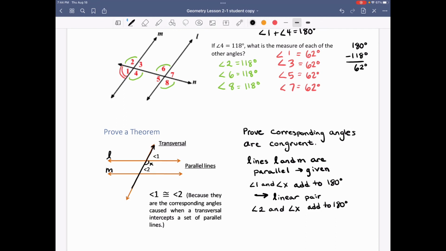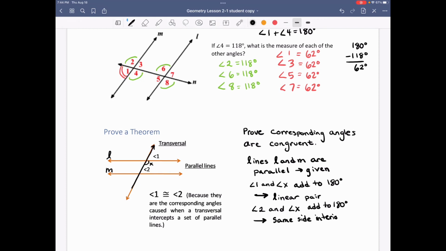And this is called a paragraph proof because I'm writing it like a paragraph. Tomorrow, we'll do a 2-column proof. So those add to 180 because, and I'm going to draw this arrow, the reason is different. If we go back to our postulates, we would find the same side interior postulate.